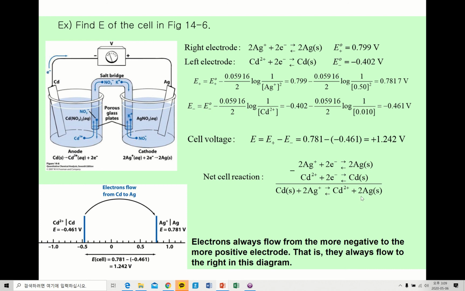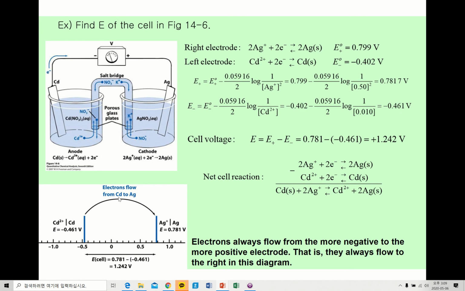Graphically, we can write it this way. The x-axis is the potential, and this is the silver electrode potential we calculated, 0.781 volt. And this is the cadmium electrode potential, minus 0.461 volt. This is the difference.